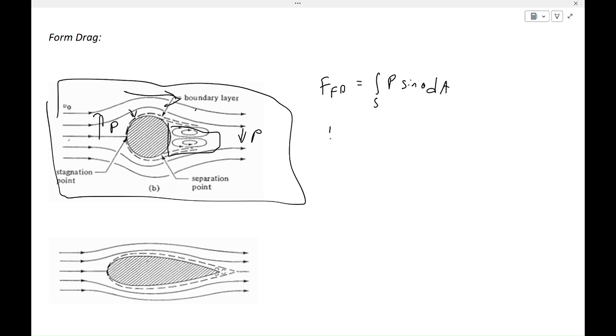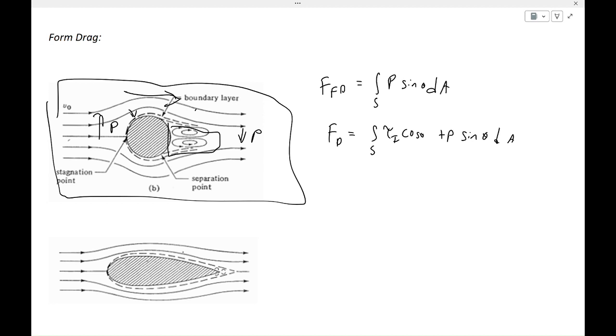So our overall drag force is equal to the integral over the surface of tau at the interface times cosine theta plus p sine theta, all with respect to area. So with these concepts in mind, let's compare this bulky object to this more streamlined object. First, looking at the bulky object, we see this high separation area, and that would mean we have a higher pressure gradient and the form drag would be higher.